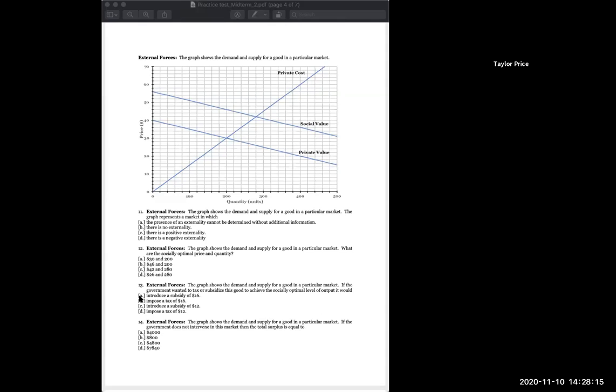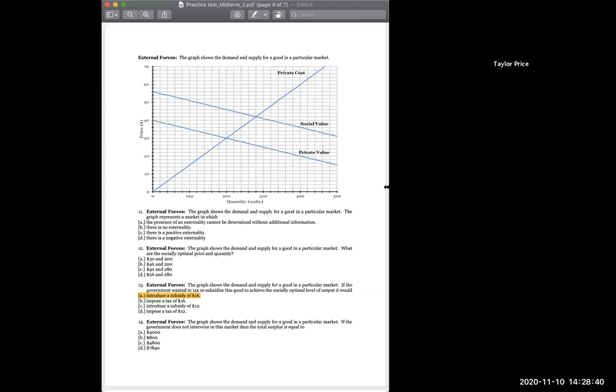The correct answer is A, introduce a subsidy of $16. The reason for that is basically you have the private cost and private value. The private cost curve is effectively the supply curve, and the private value curve is the demand curve.